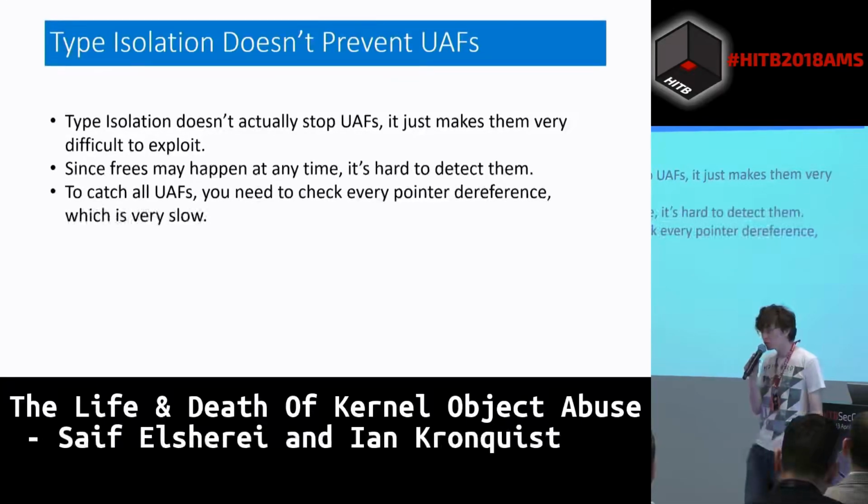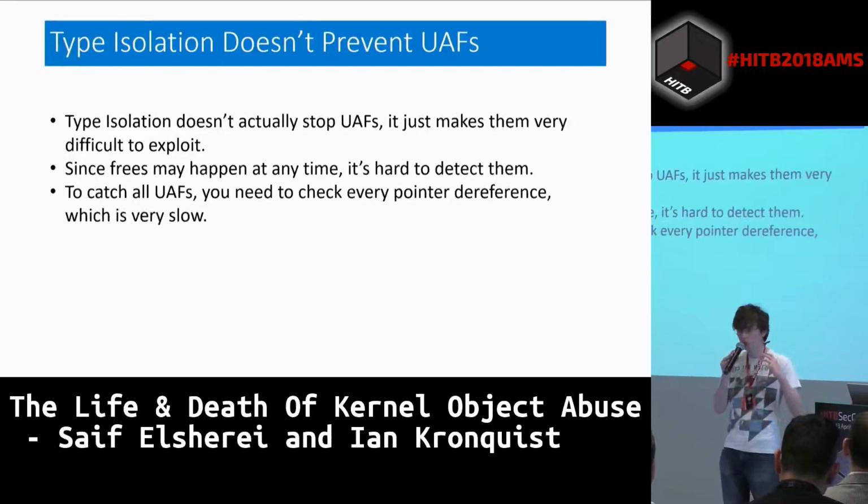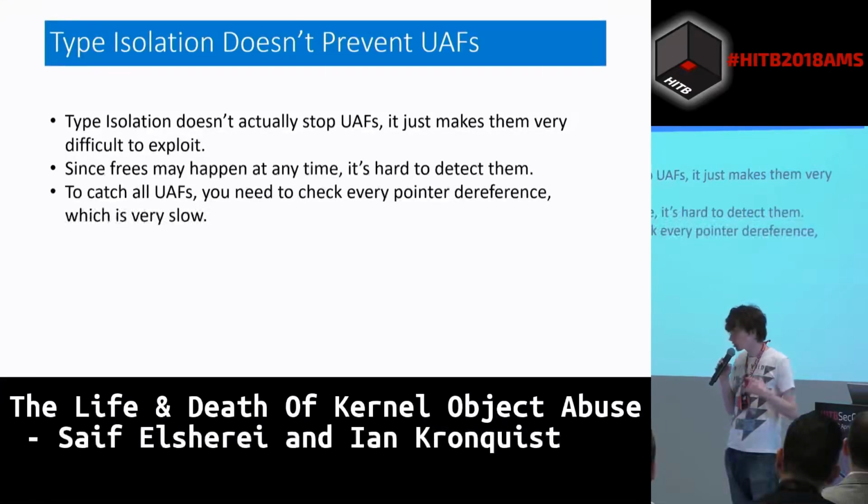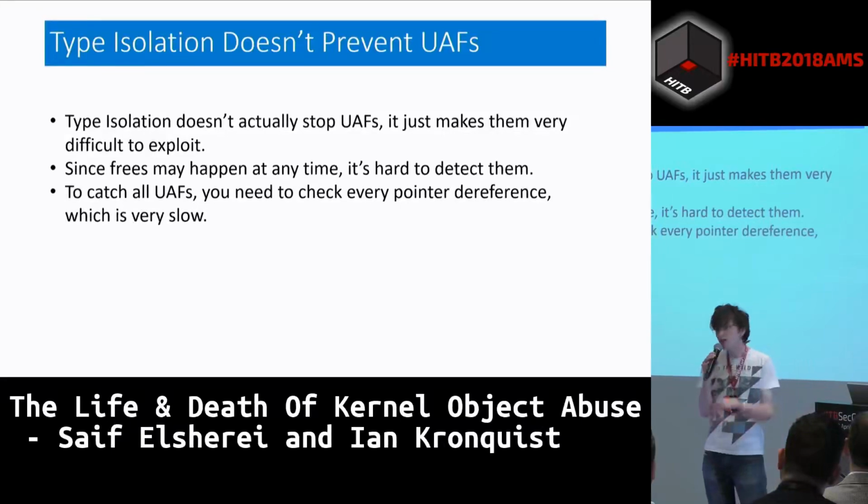It's also important to note that since use after frees have this weird time element, a lot of vulnerabilities you overflow the integer, and the next instruction you can write anything anywhere, and you can detect the integer overflow right after that instruction. Use after free is you've got this dangling pointer. It could dangle for minutes, hours, days, who knows. So in order to catch all the UAFs, you actually need to check every pointer dereference, and that's incredibly slow.